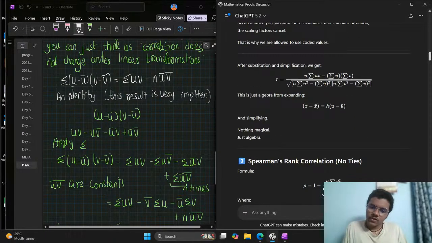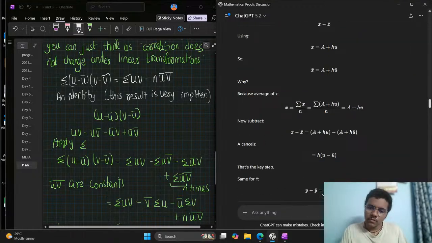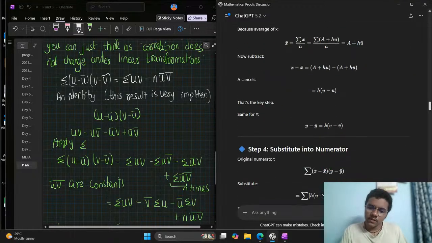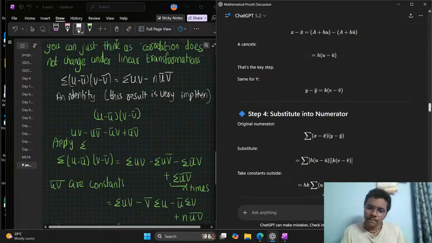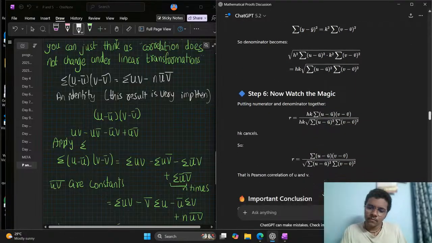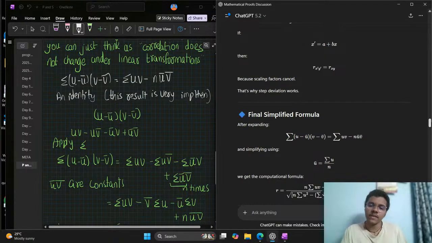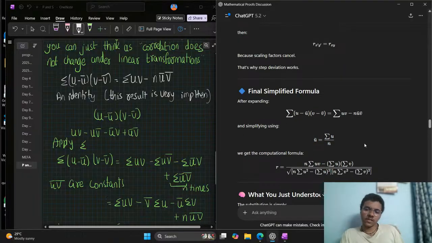After substitution and simplification, we came from here all the way to here. Yeah, this is the final simplified formula. This one's done and this one's done. Now you just need to substitute.